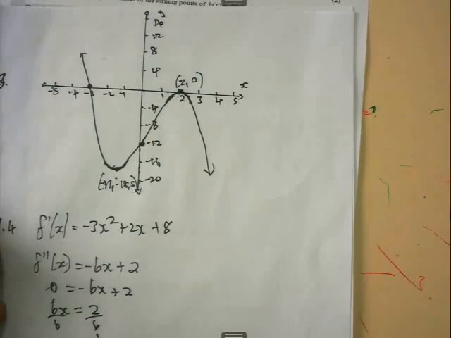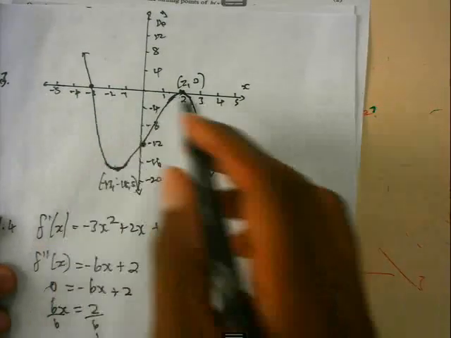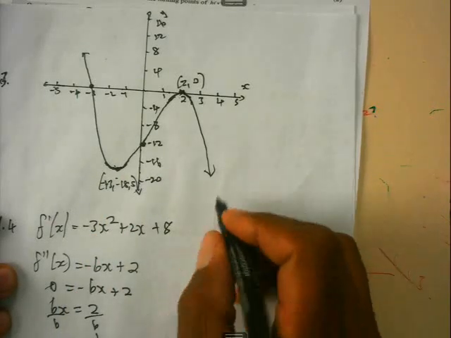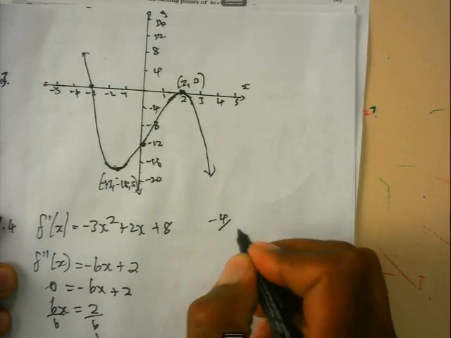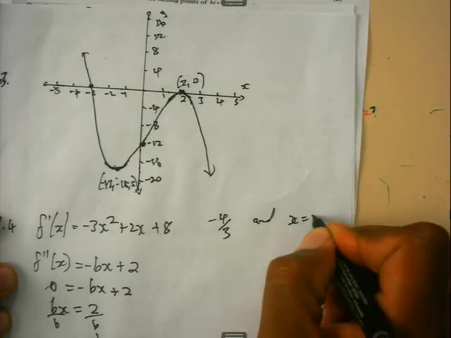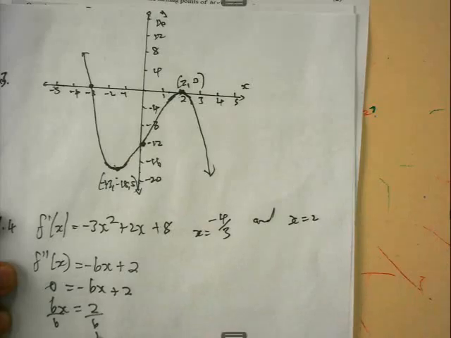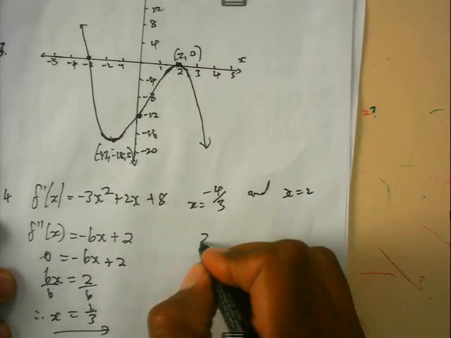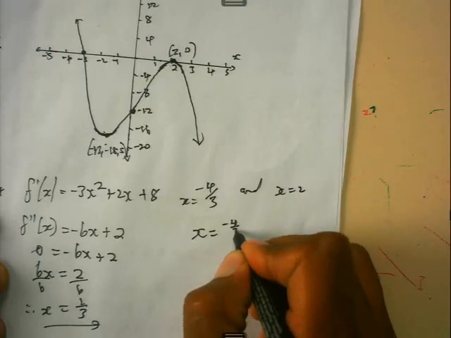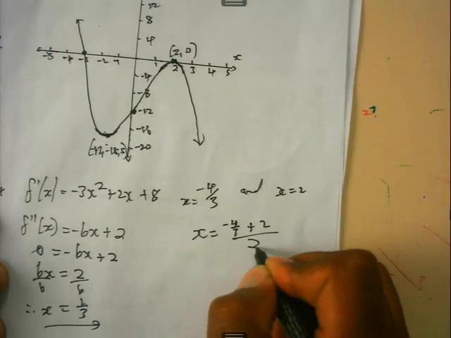And then the other option, you remember, we have the x values at the turning points. The first one is minus 4 over 3, and the other one was x is equal to 2. Right, these are our x values of the turning points. I said you can also add the two, minus 4 over 3 plus 2, then divide by 2.